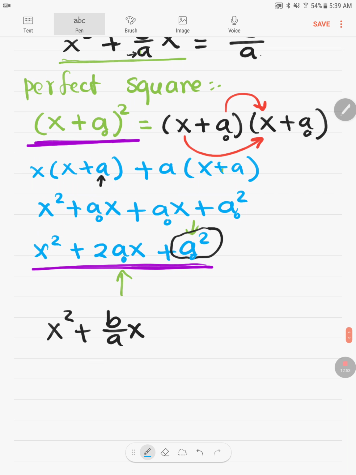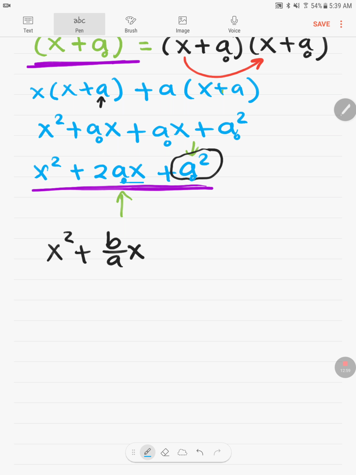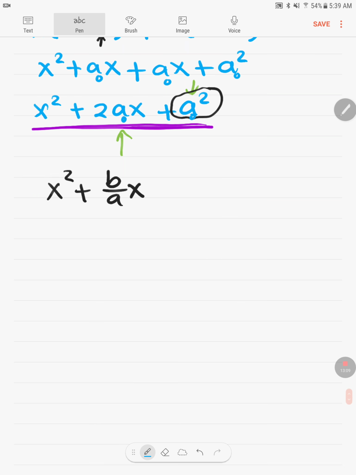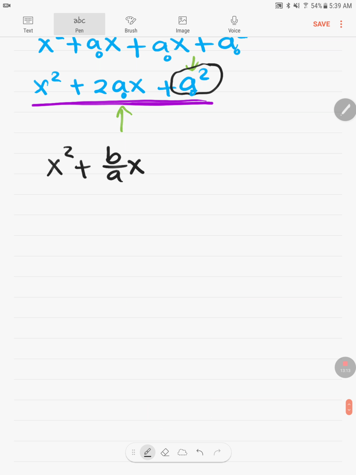So when we compare, we will try to figure out what a0 is. If we could figure out what a0 is, then we could add it to make a perfect square and also subtract it to keep the equality. So this will involve the following. Let's find out what a0 will equal in this case.